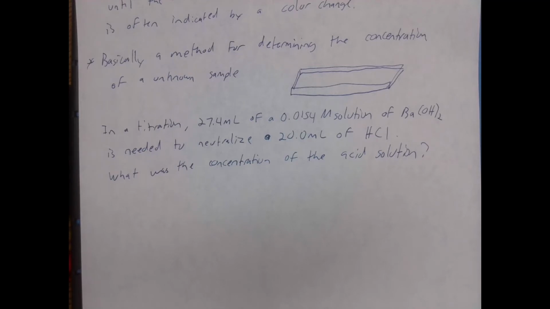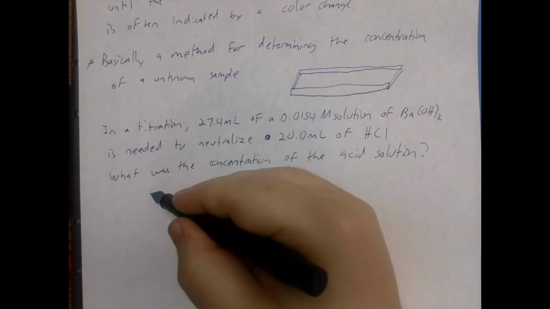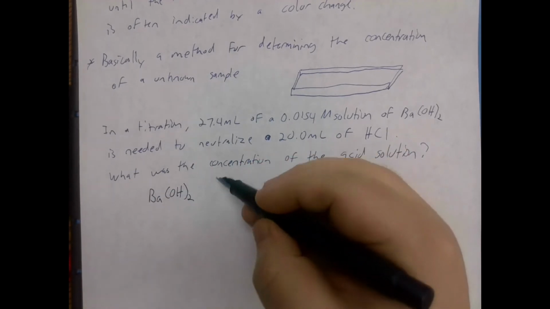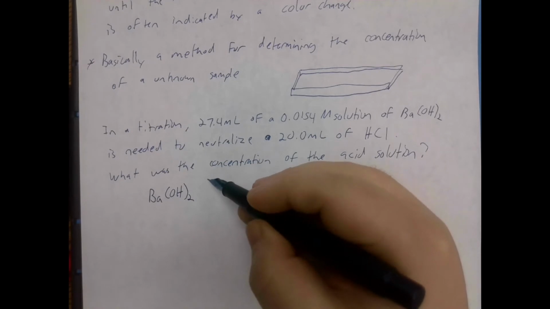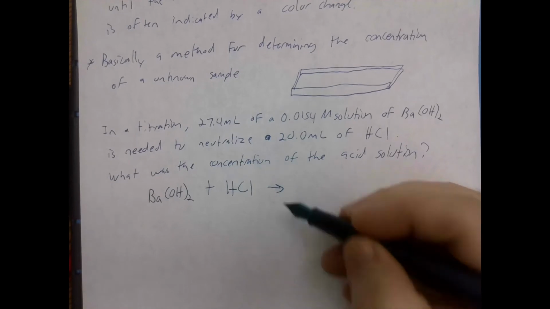I would personally start with figuring out what the reaction is. So we're taking barium hydroxide and we are reacting it with HCl. What does that make?